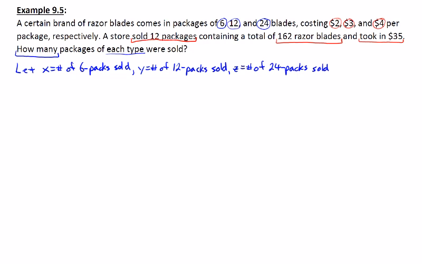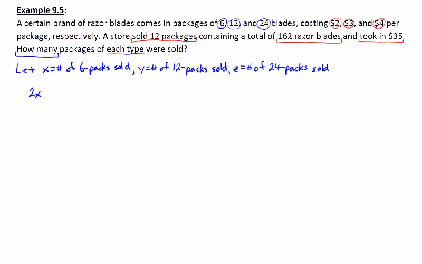And we look back to the narrative. Certain brand of razor blades comes in packages of 6, 12, and 24. We've got that. Costing $2, $3, and $4 per package, respectively. So if X represents the number of 6 packs sold, then I should be able to take X and multiply it by its cost.